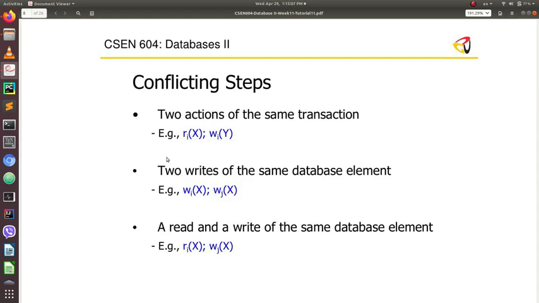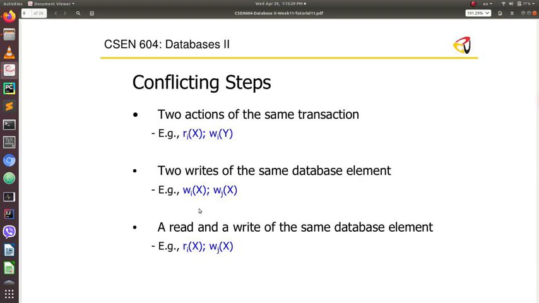Okay, let's learn about the three types of conflicting steps. The first one is two actions of the same transaction, read and write for transaction I on different elements. The second one is two transactions that write the same database element. This will cause a problem.